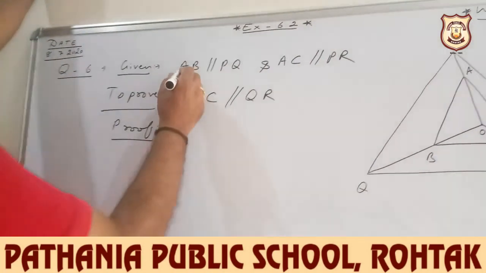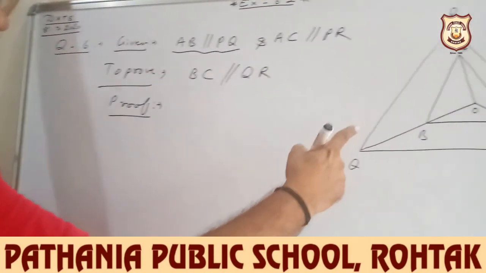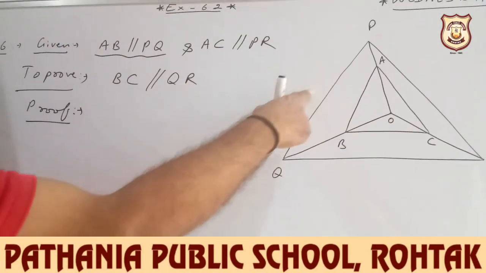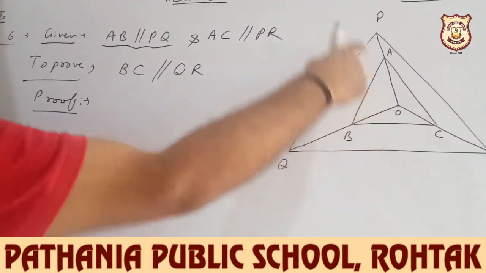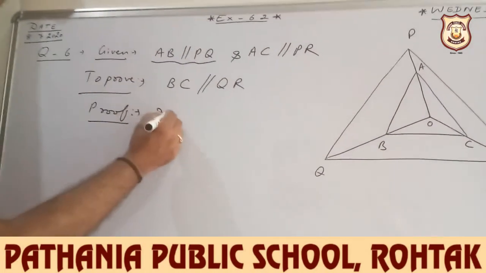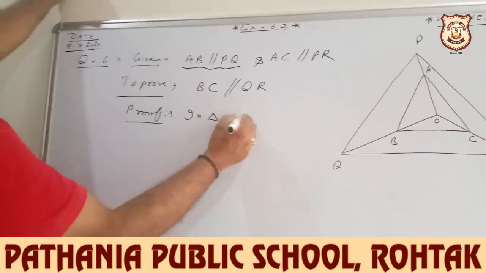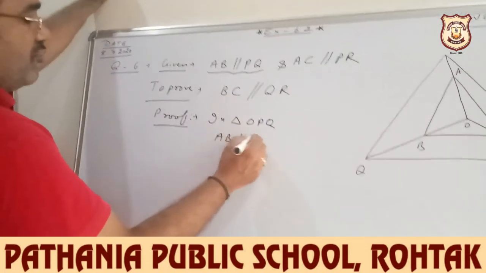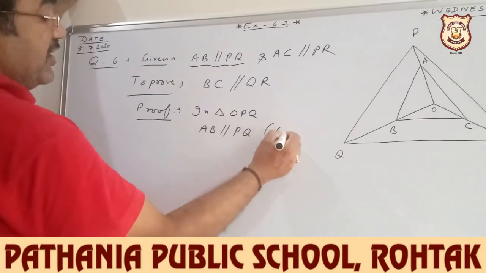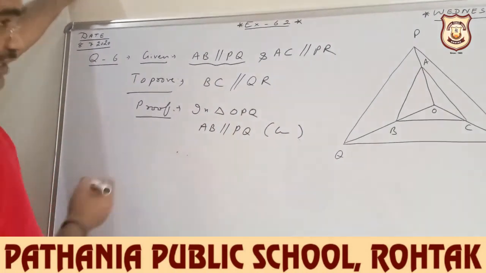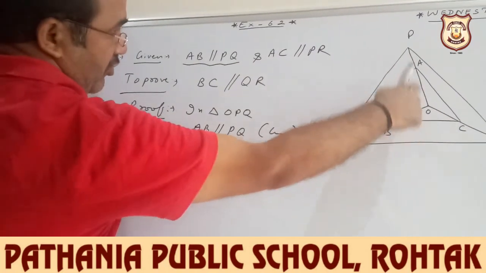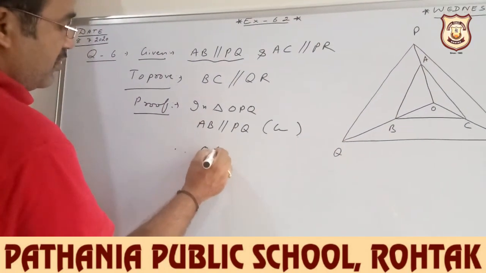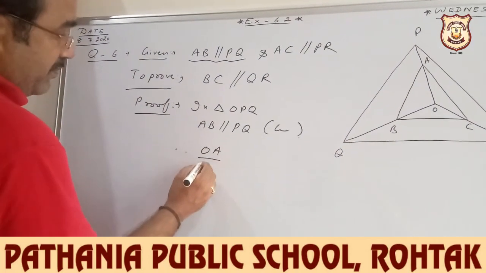See student, proof. In proof you can see AB parallel to PQ, in which triangle? In triangle OPQ, AB is parallel to PQ. It is given.